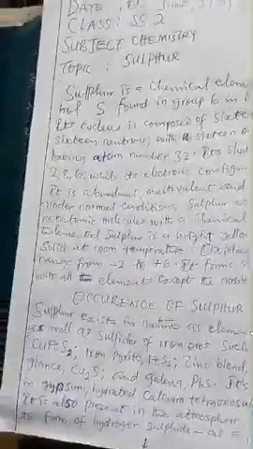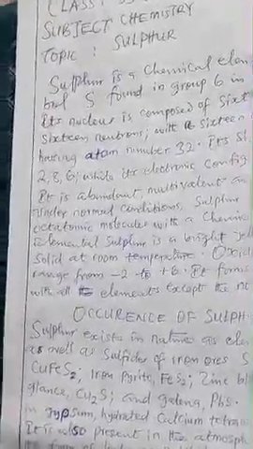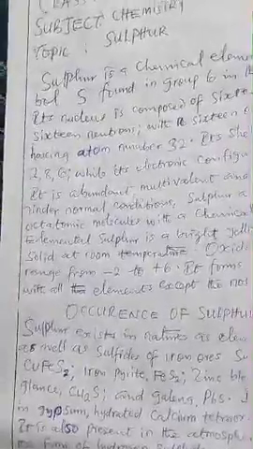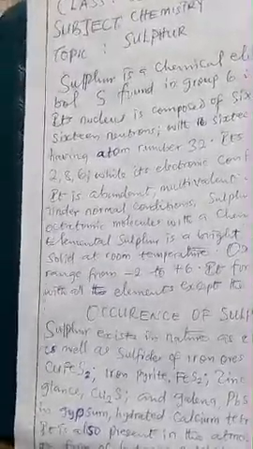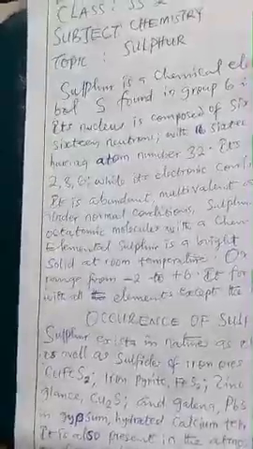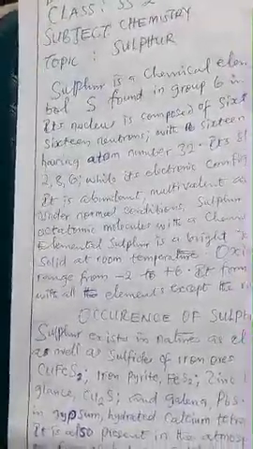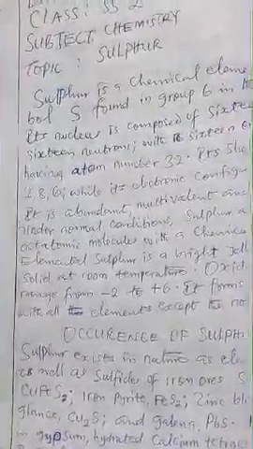Oxidation number ranges from -2 to +6. That means if the last shell has 6 electrons, sulfur can take 2 electrons from another element or compound so that its last shell will be completed. If sulfur takes 2 electrons, then in that compound sulfur will carry -2.